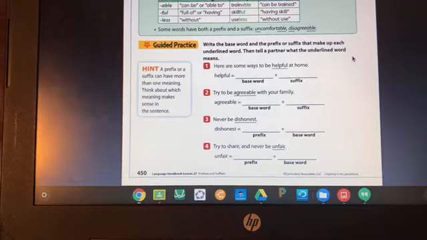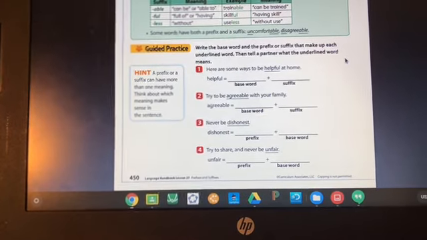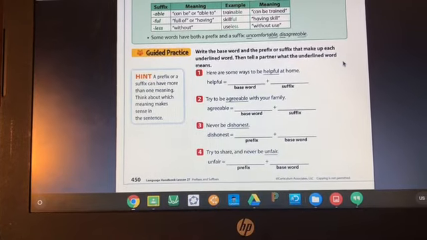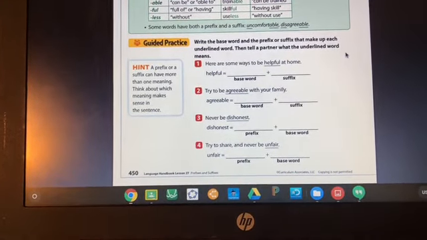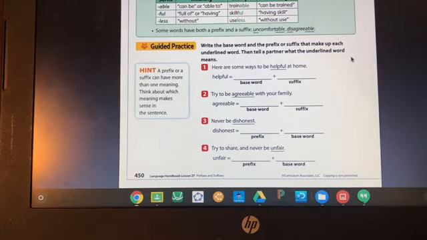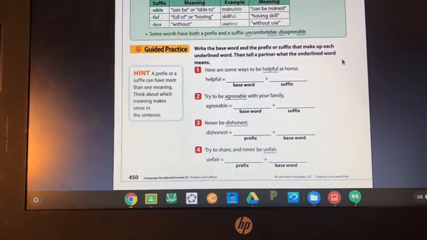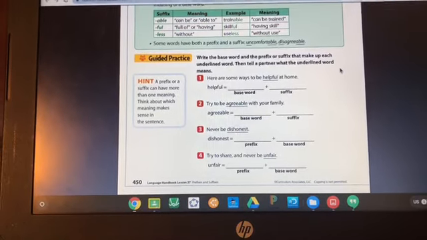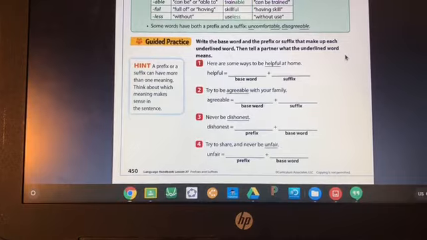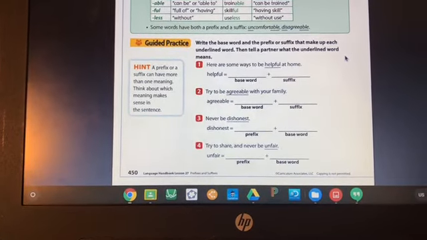The base word is agree. The suffix is able. Number 3, never be dishonest. Dishonest equals prefix plus base word. The prefix is dis. The base word is honest.